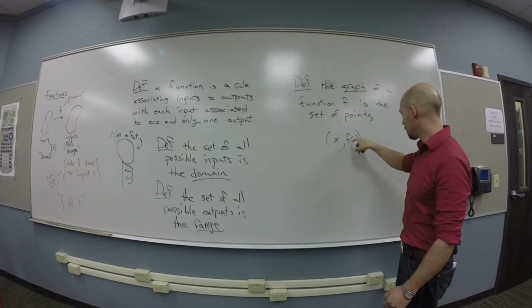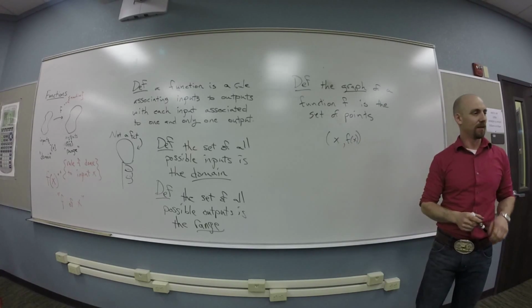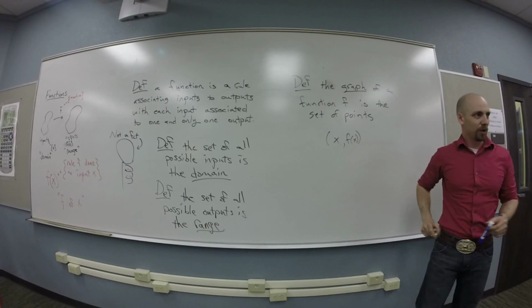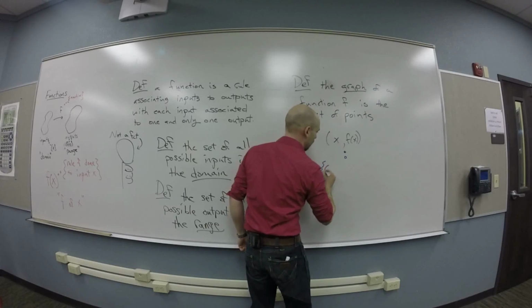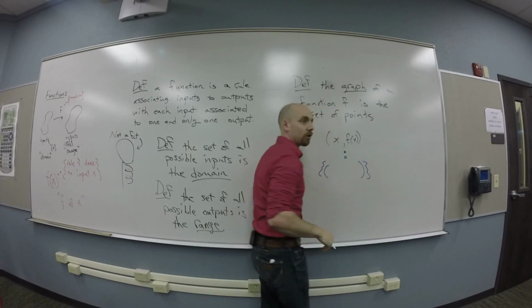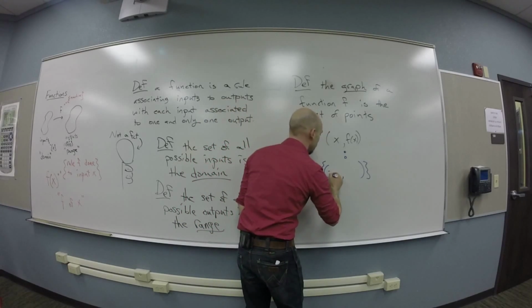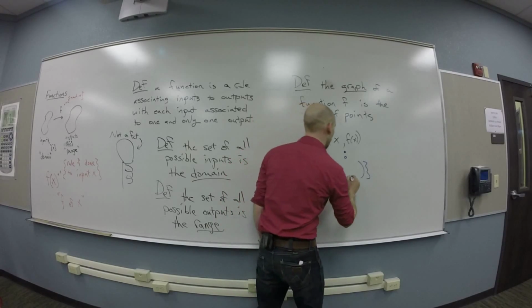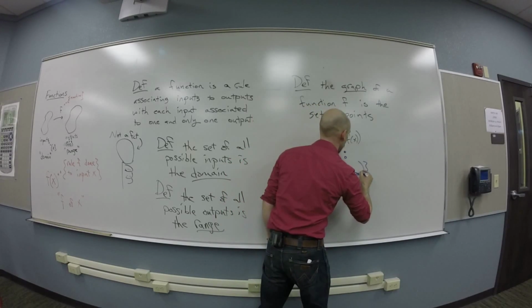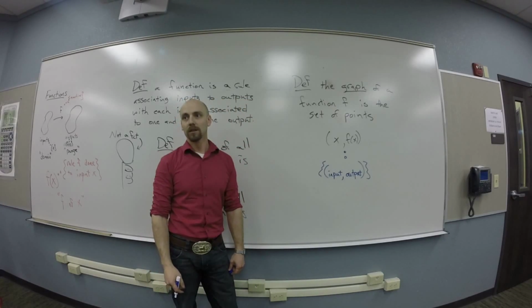So, what's this business about an x comma f of x point? How could I think about that? That's a horizontal and a vertical, right? An x and y pair. I might think about that as an input-output pair, right? That's a way for me to quickly summarize what a function does.